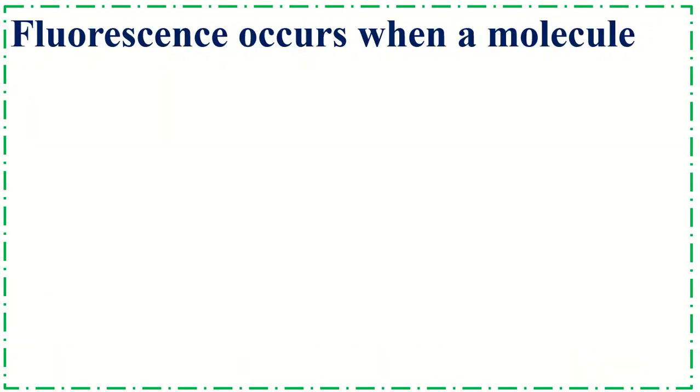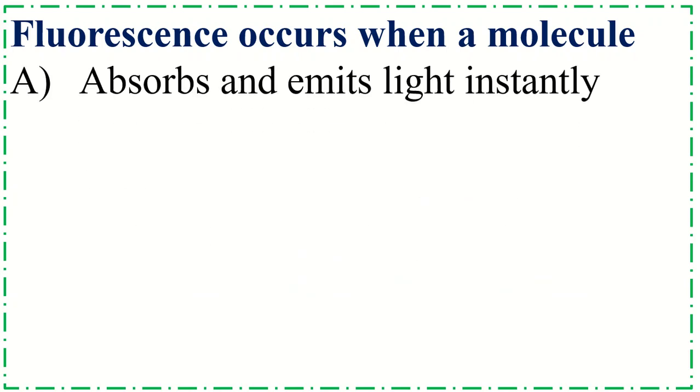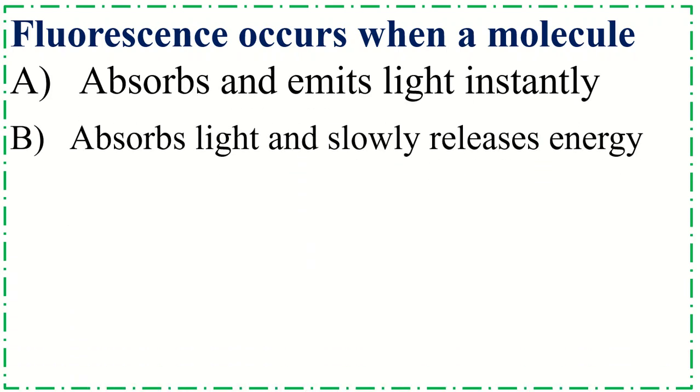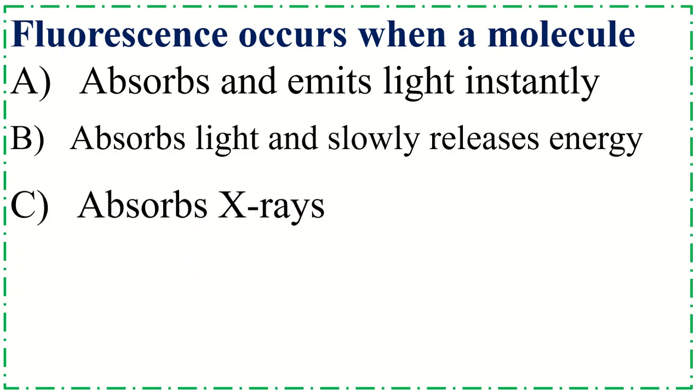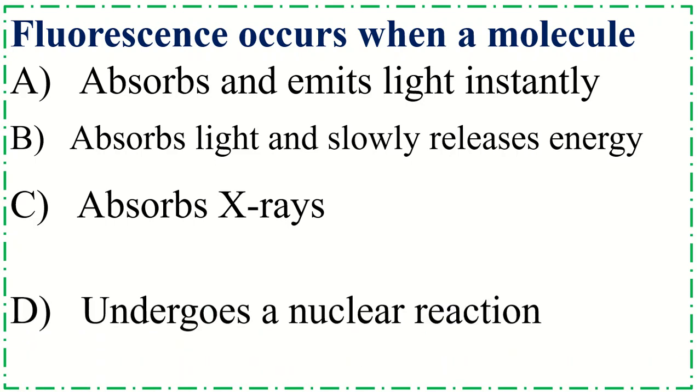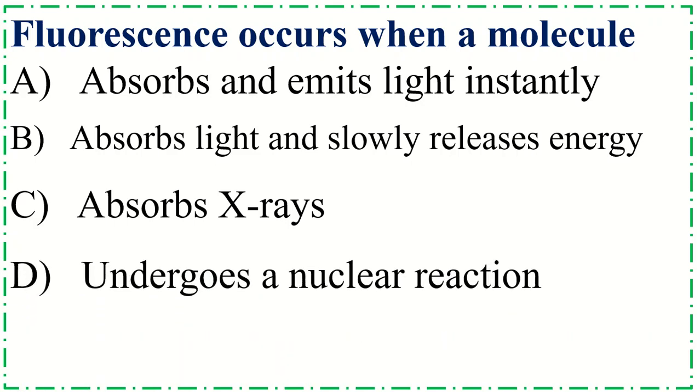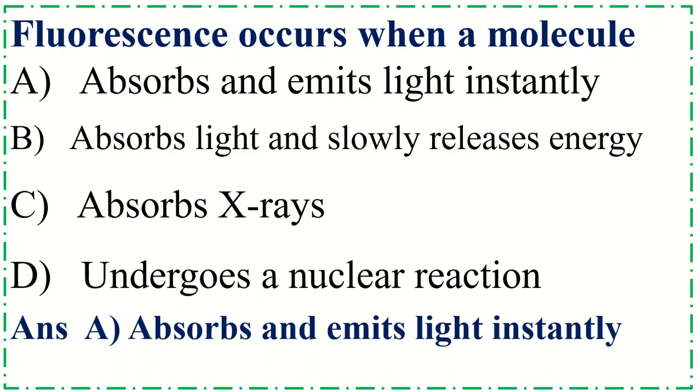Fluorescence occurs when a molecule: option A, absorbs and emits light instantly; B, absorbs light and slowly releases energy; C, absorbs X-rays; D, undergoes a nuclear reaction. Correct option is A, absorbs and emits light instantly.